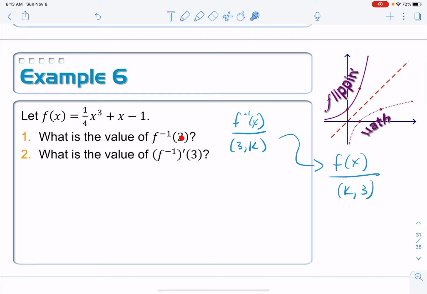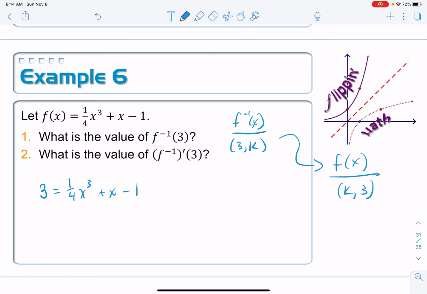So this guy is the x value for the inverse, but it's the y value for the original function, which means that we don't stick the 3 in for x, we set it in for f of x, or for y. Let's do that. So I'm going to plug in 3 is equal to 1/4 x cubed plus x minus 1. And we have a cubic equation, which we're going to have to try to solve.